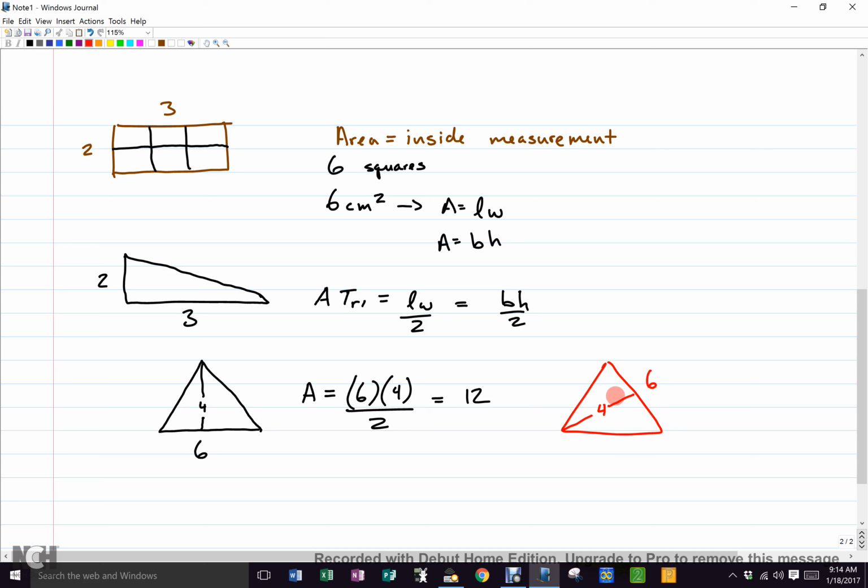But you just turned the triangle, right? Everybody cool? What if it was leaned over? And I told you that was 6, and this was 4. It's still the same, isn't it? Right? What if I did this?